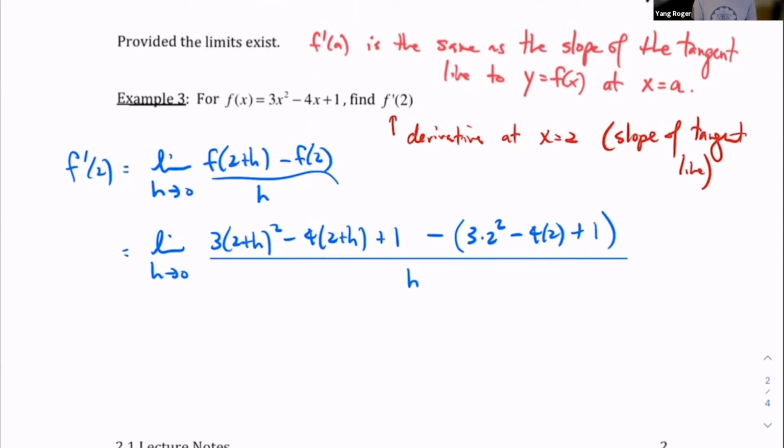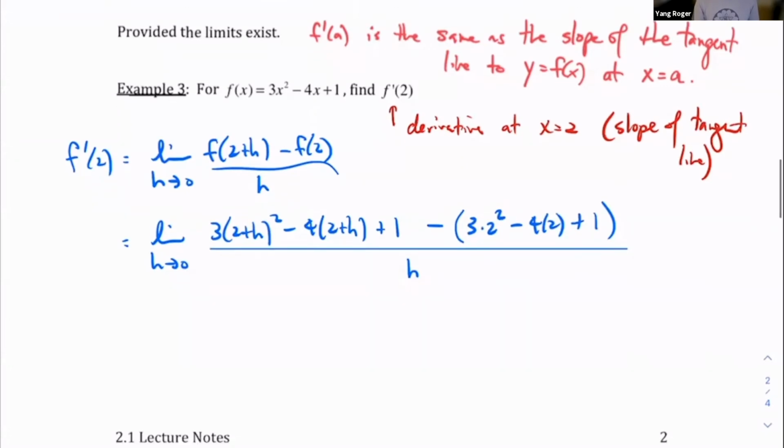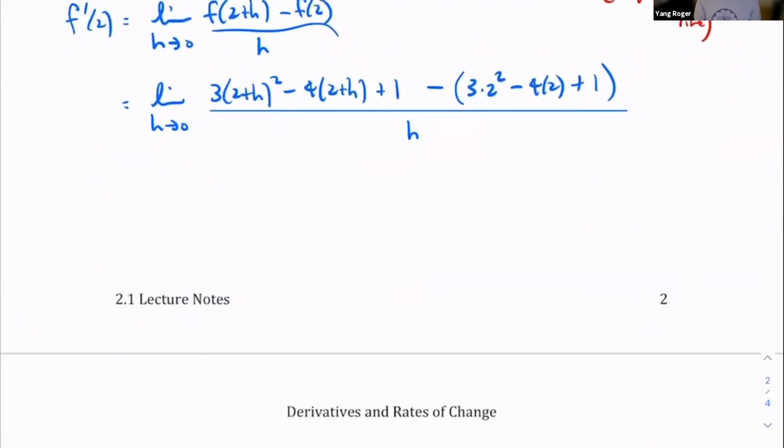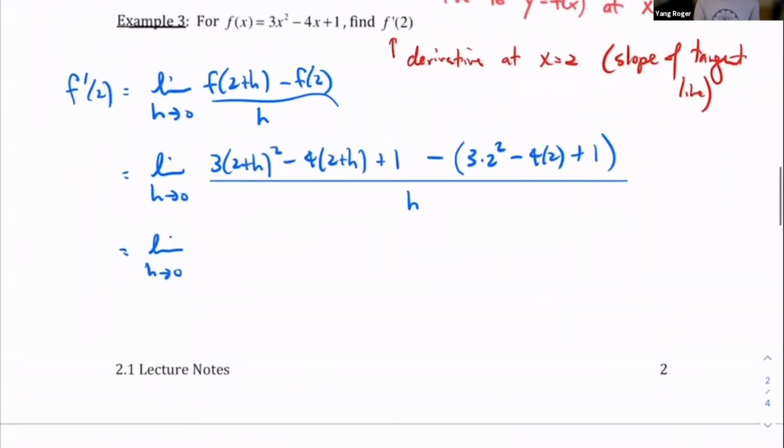So as you can see, we have a fairly complicated expression in the numerator. When I look at this, I think, oh, we definitely need to simplify. So why don't we simplify all of this stuff down? We're going to get the limit as h goes to 0. The numerator here is 3 times (4 plus 4h plus h squared) minus 8.